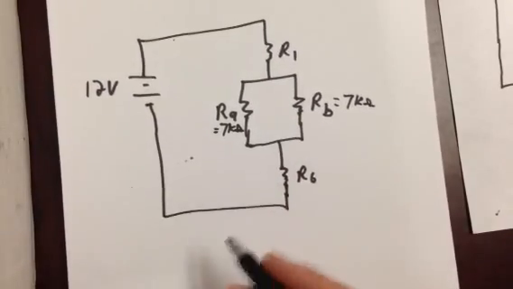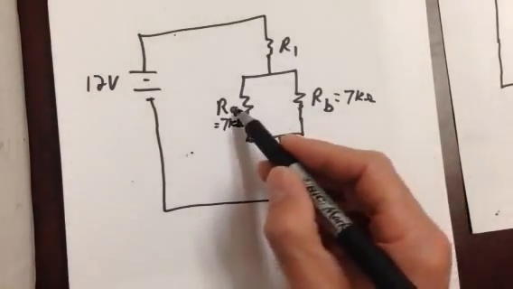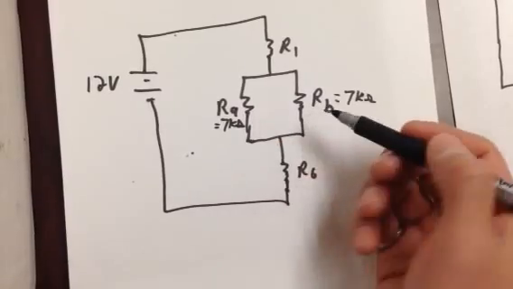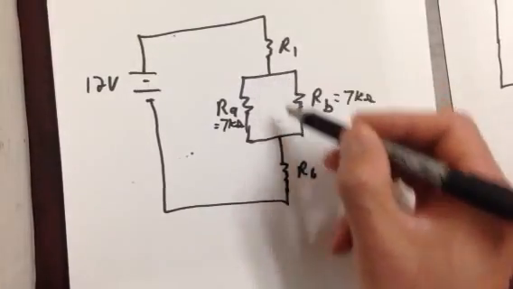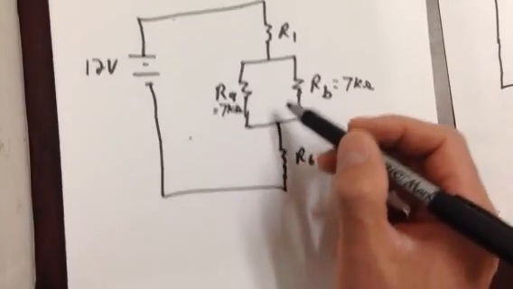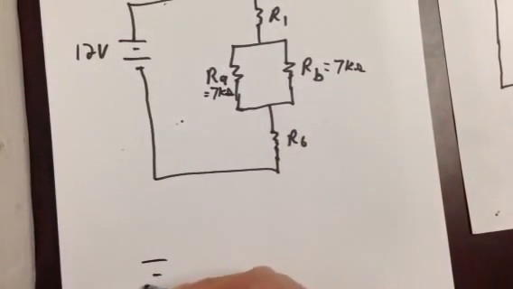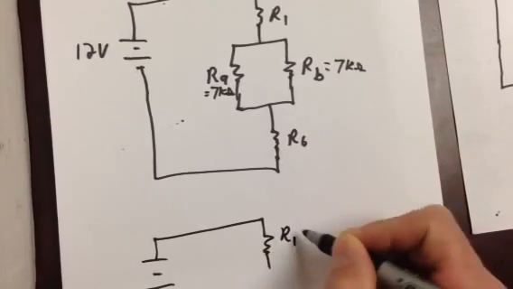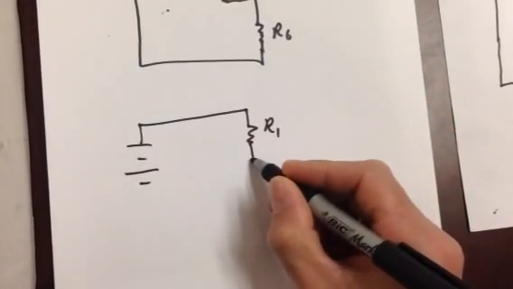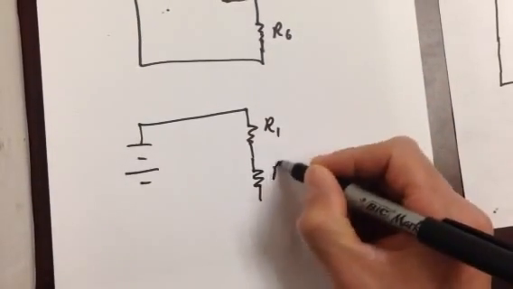My next step in simplifying is to combine these two imaginary resistors. RA and RB are indeed in parallel because one end is connected together and the other end is directly connected together. So I'll combine them to make another equivalent circuit where I still have R1 here. I'm going to call this RC.